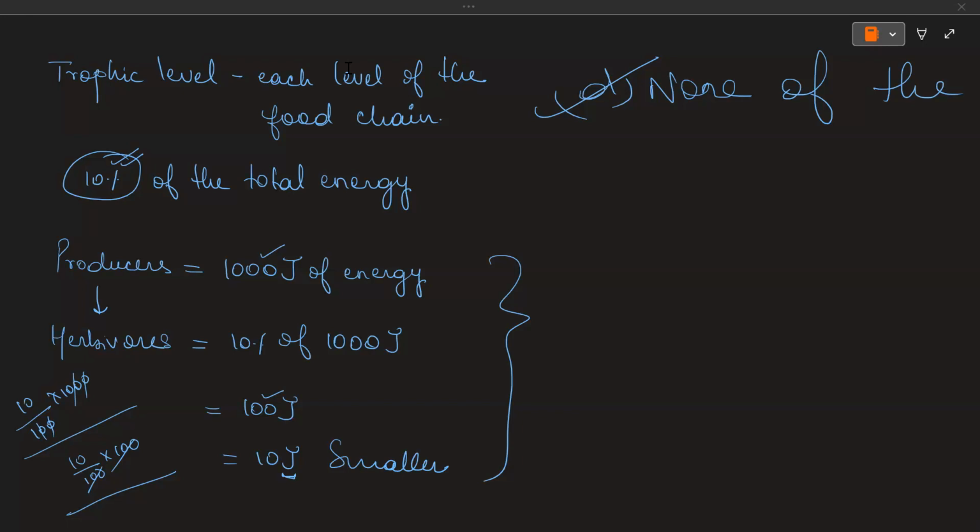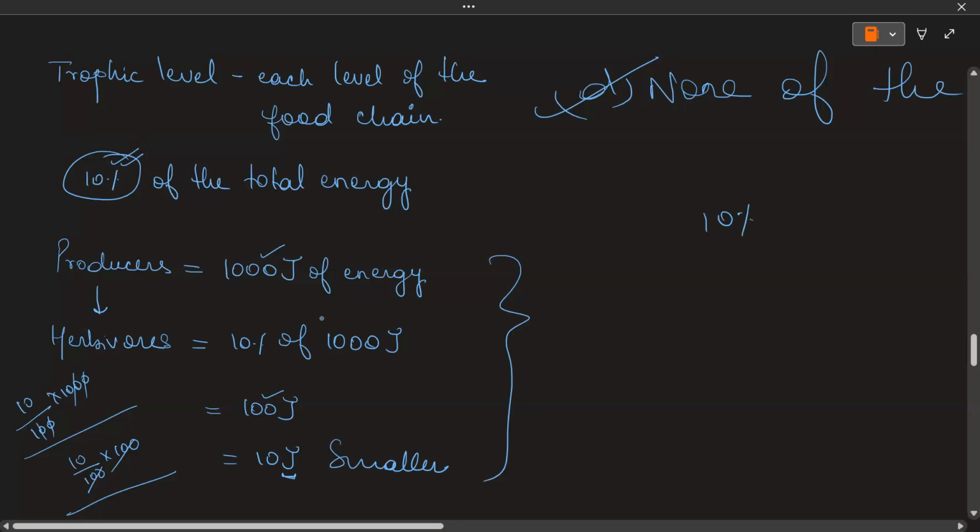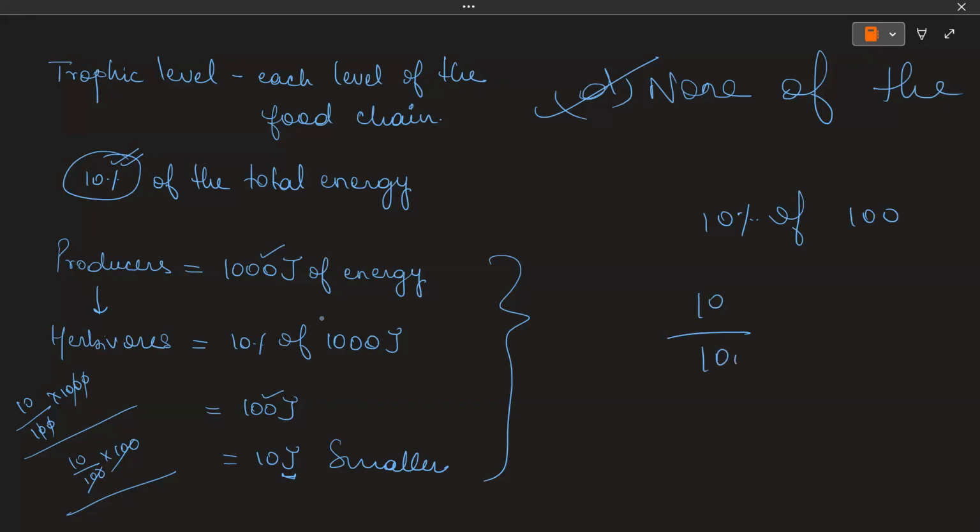Ma'am, while calculating, we have to always take 10 by 100 of the amount of energy they have got, right? Yes, like how you normally take out 10% of anything. If I say 10% of 100, what you will do is 10 by 100 into 100, like how you normally take out the percentage.